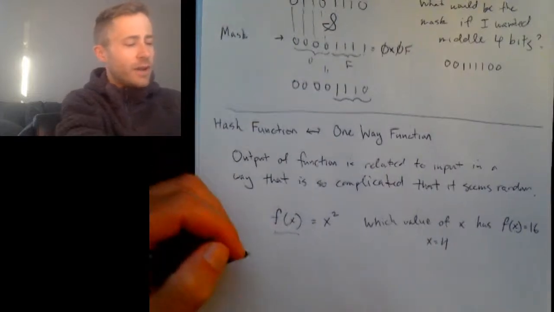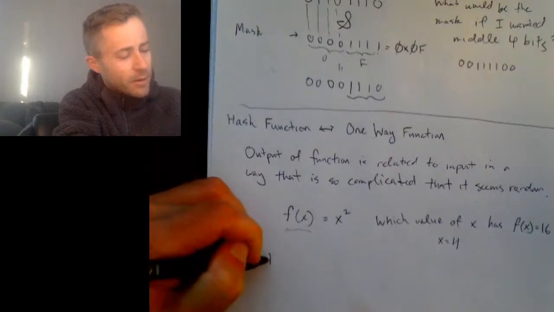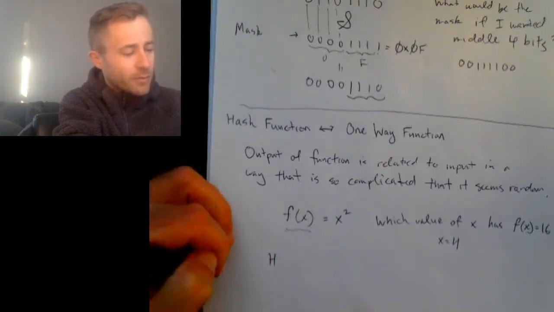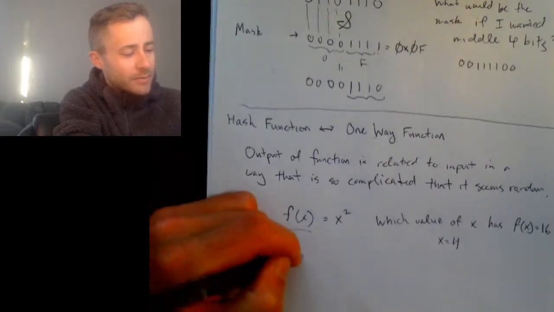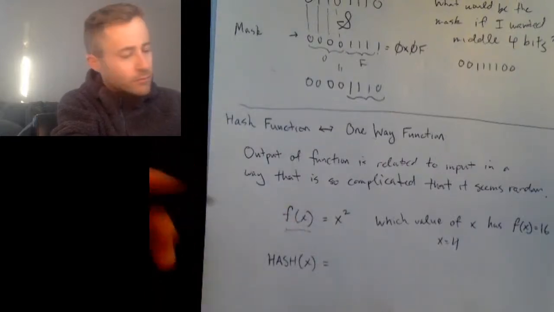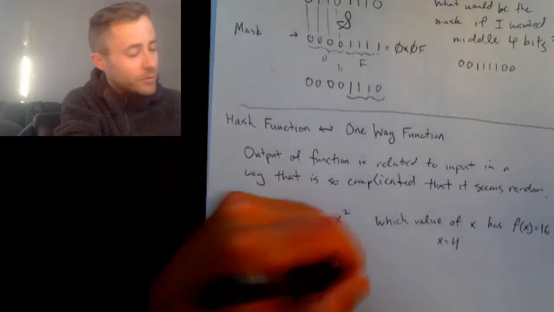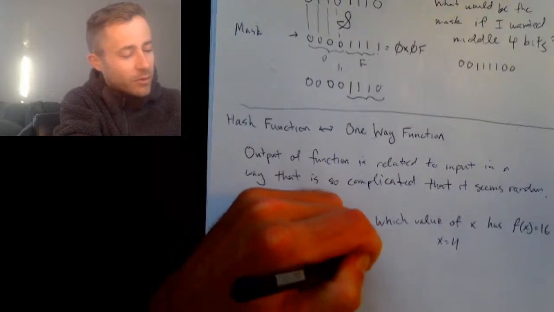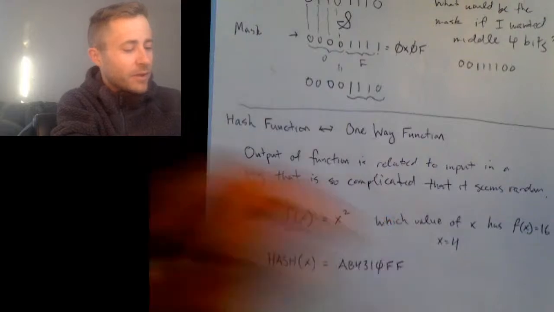So if you had a hash function, what if I said the hash of x is equal to, I don't know, and I'm going to write the number in hexadecimal, so maybe it's AB4310FF.